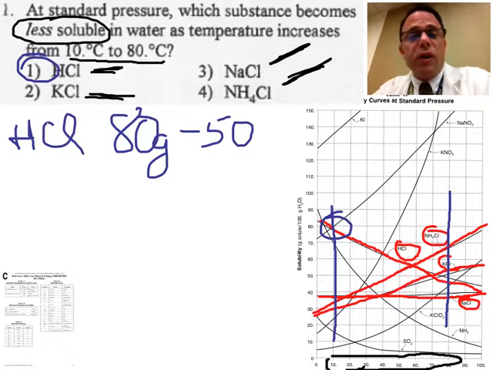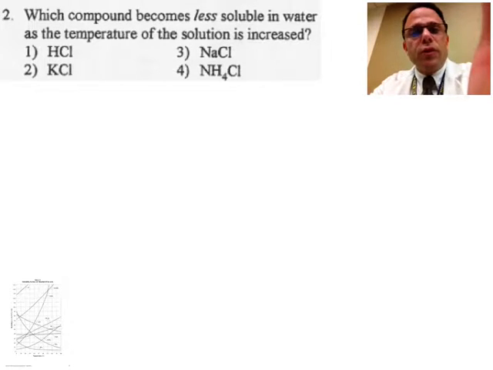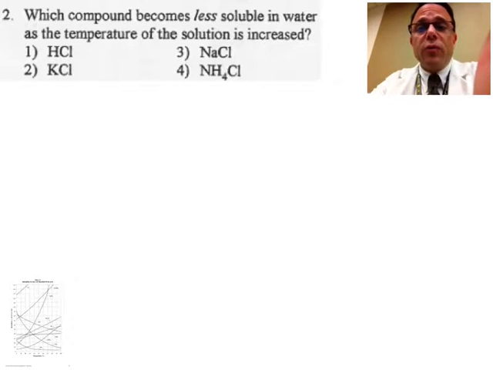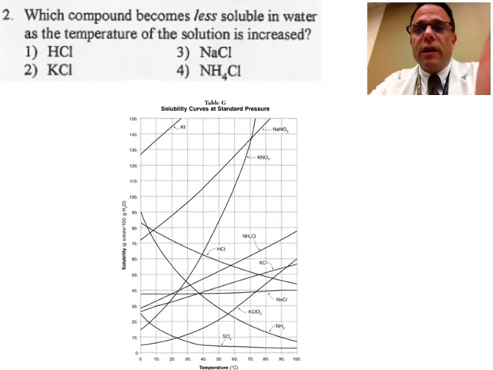All the other 3 lines are increasing as you go from 10 degrees to 80. Number 2. Which compound becomes less soluble in water as the temperature of the solution increases? In all honesty, same question, just mildly different words. It's asking, as you increase temperature, which one is less soluble?